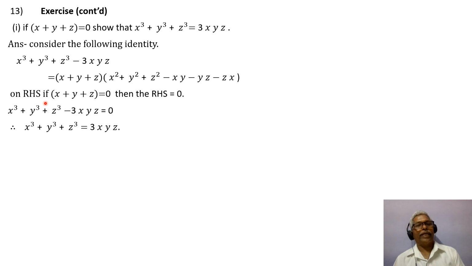Now on the right hand side, if x + y + z equals 0, that is the condition given, then the whole right hand side becomes 0, because this 0 is multiplied with the same bracket. So we can compare this, x³ + y³ + z³ − 3xyz equals 0, and now we can take this on the right hand side. So we get x³ + y³ + z³ equals 3xyz. Okay, so this is what we have to show.